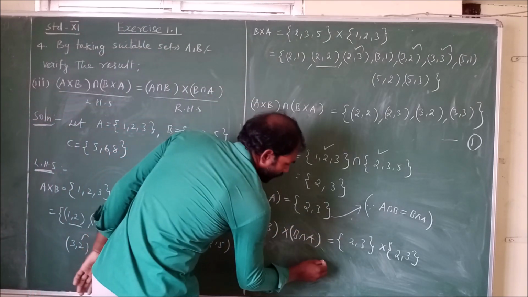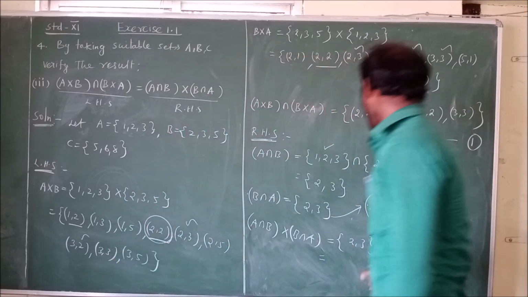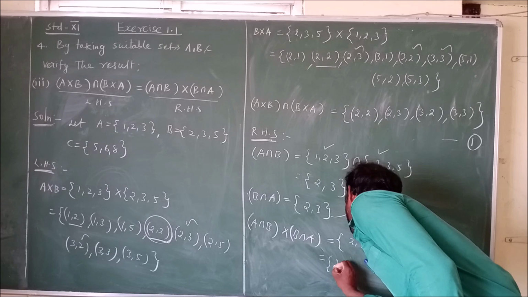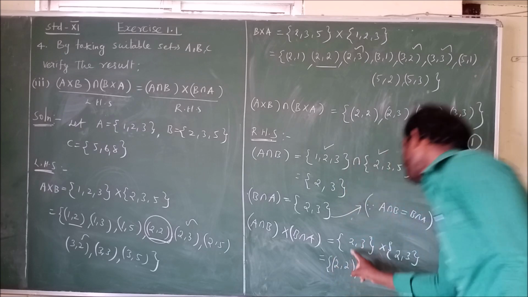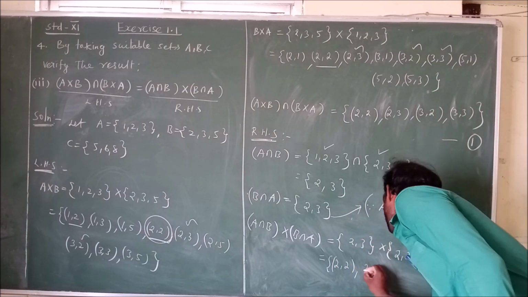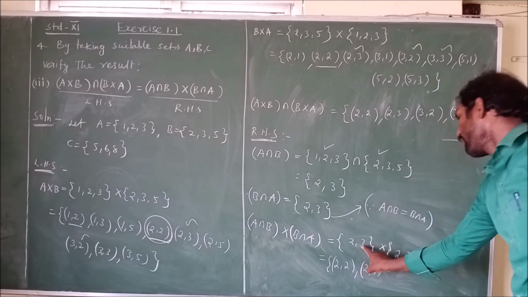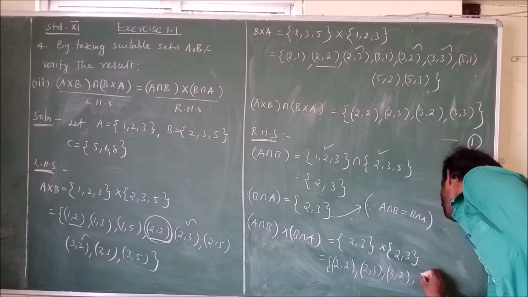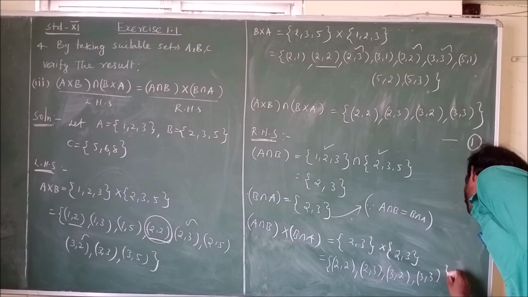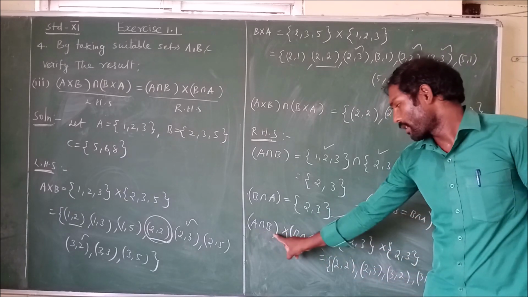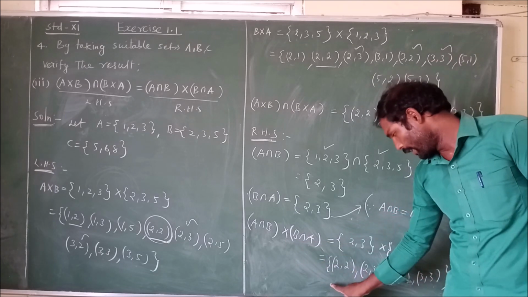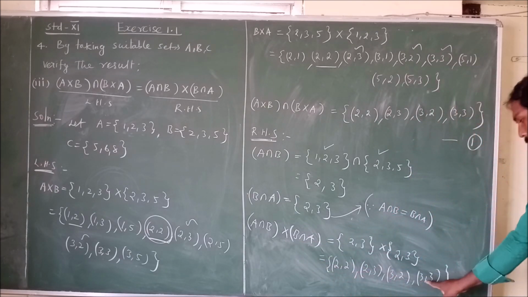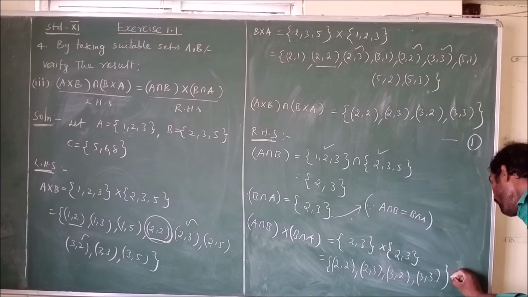The cross product of {2, 3} and {2, 3}: first entries are (2,2), second entries are (2,3), third entries are (3,2), and again (3,3). Therefore (A intersection B) cross (B intersection A) is equal to (2,2), (2,3), (3,2), (3,3). This one is the RHS term.